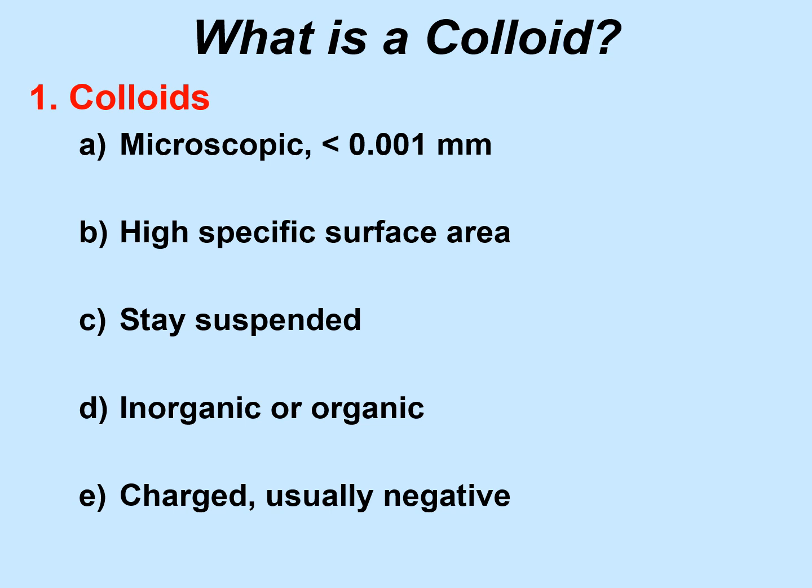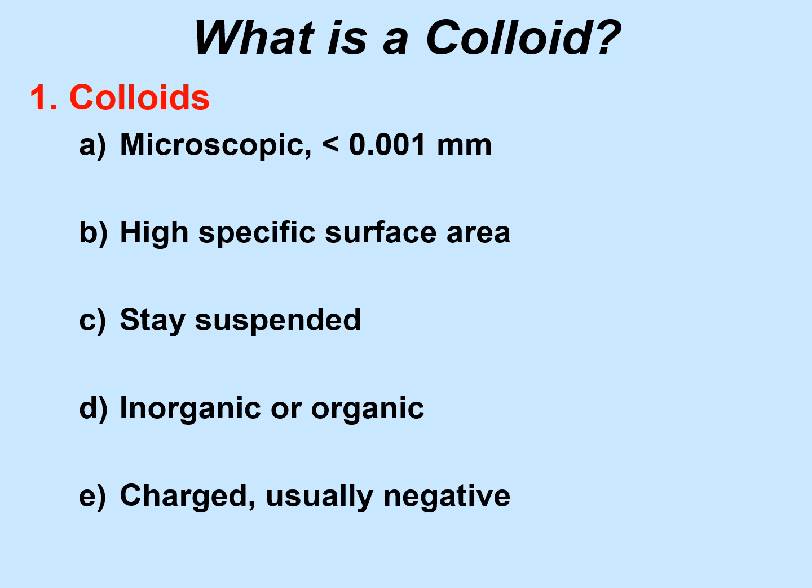Another property is that they can be inorganic or organic. And something that's inorganic is not composed mostly of carbon, and of course something that is organic is composed of lots of carbon, and that is that carbon is linked to one carbon and another carbon and another carbon and so forth.